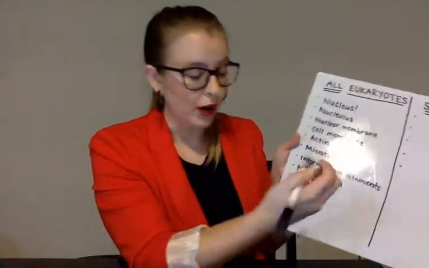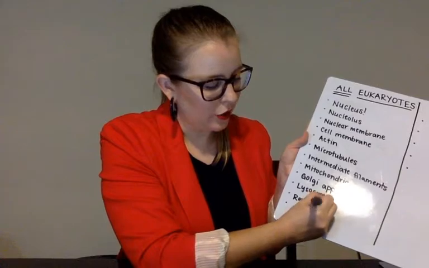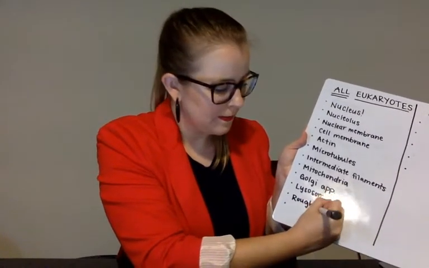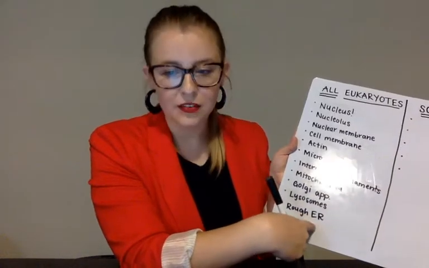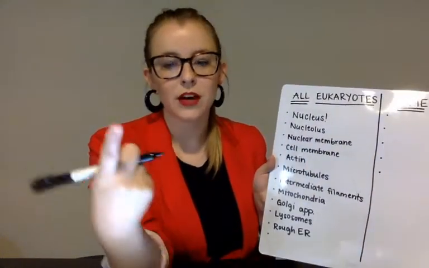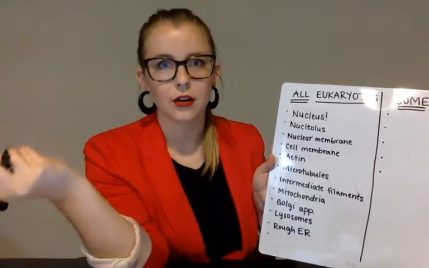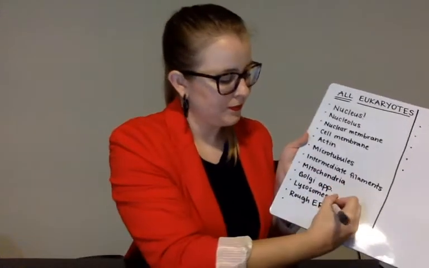We have both the rough. We can abbreviate endoplasmic reticulum, ER. And the rough ER is rough because it has ribosomes. So the ribosomes make it rough. It's easy to remember because it's R and R, okay? So rough ER has ribosomes.